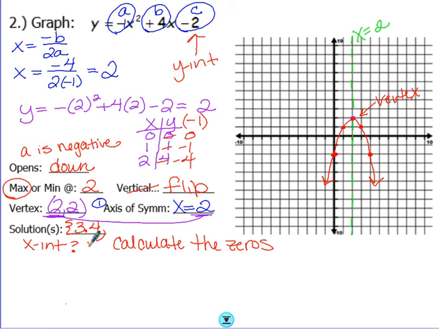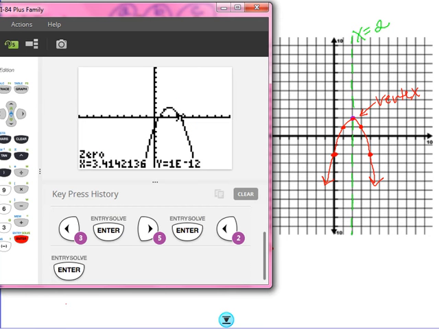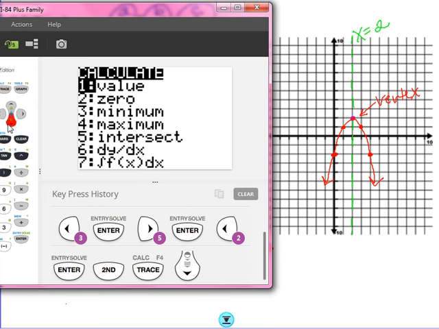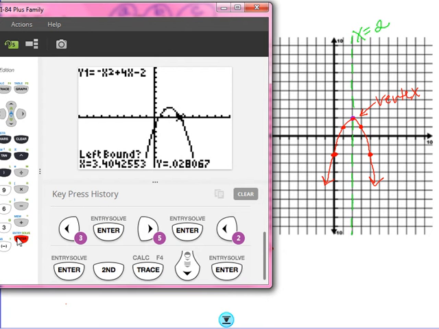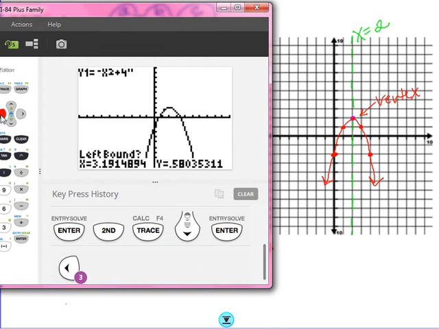But there are 2, so we're going to do that process again. You go second, calc, number 2 for zero. Now I've got to go all the way left. You want to make sure you're left of it. Hit enter. Go to the right of it.